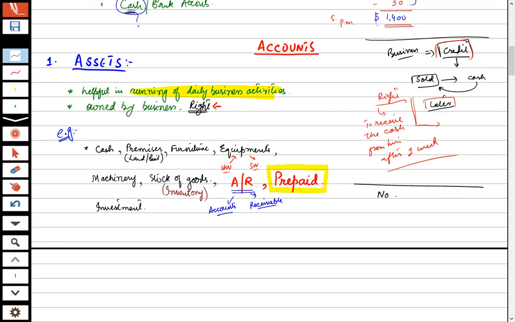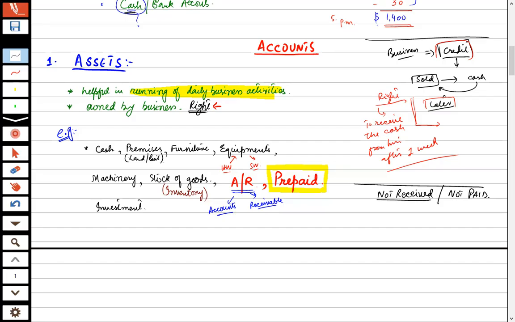Accounts receivable. No, I am telling you, accounts receivable is one aspect of credit. If the business has sold something and not received the amount, then it is accounts receivable. Credit has a dual aspect, a double role: not received, or not paid.